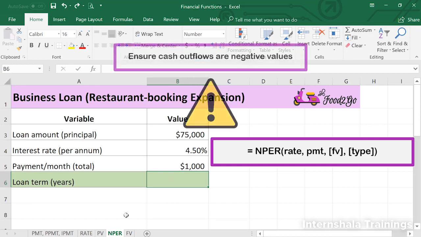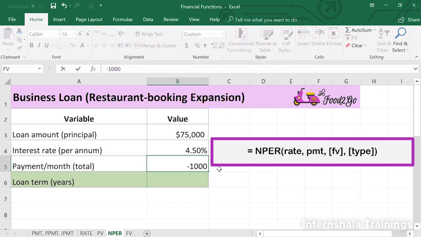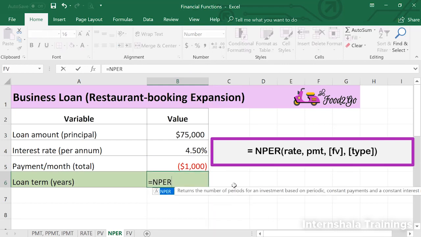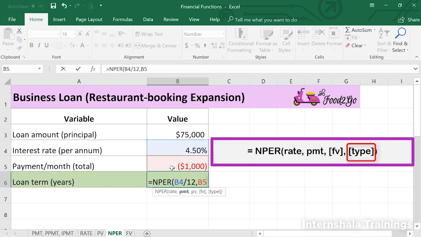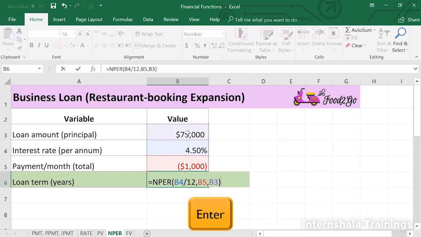But before we start, let's add a negative sign before our monthly payment value so that our function works correctly. Now let's reference our cells again. Here we go. And let's leave the type parameter blank and press enter.